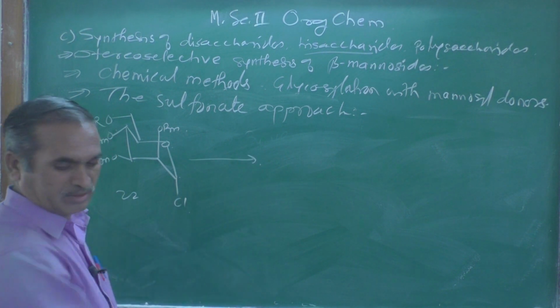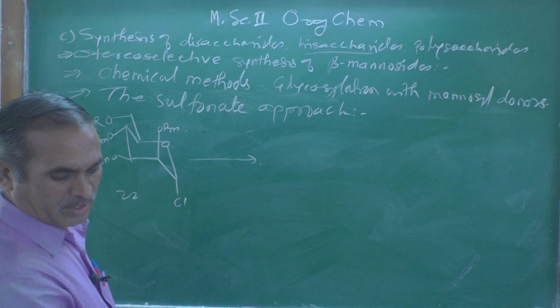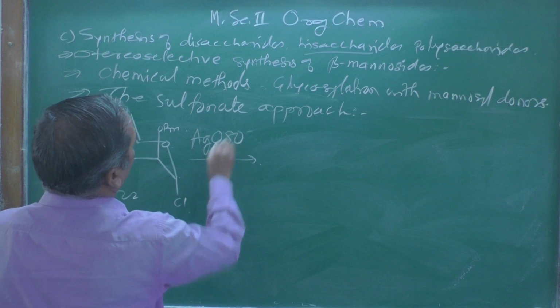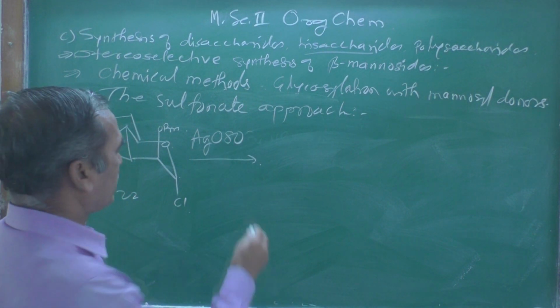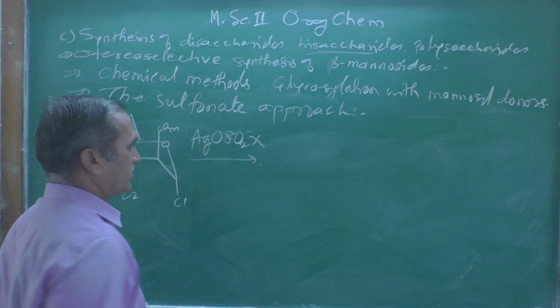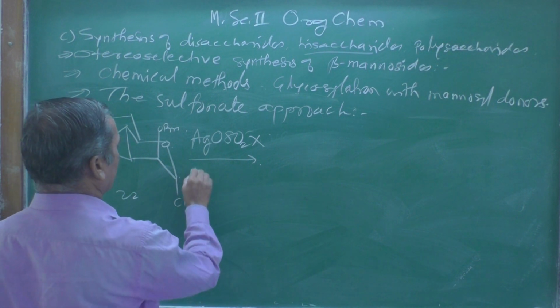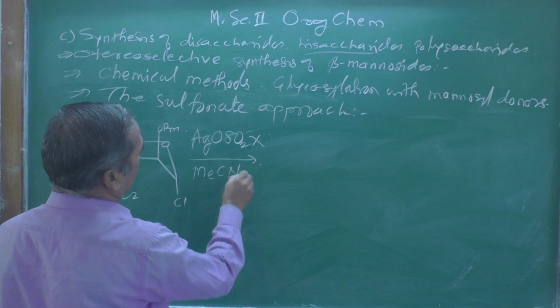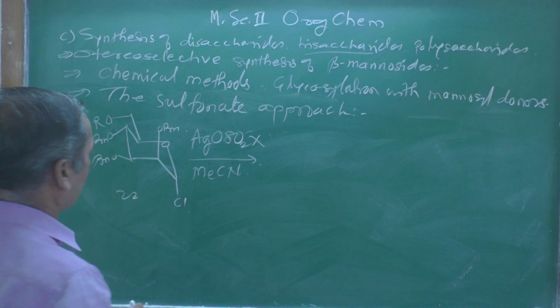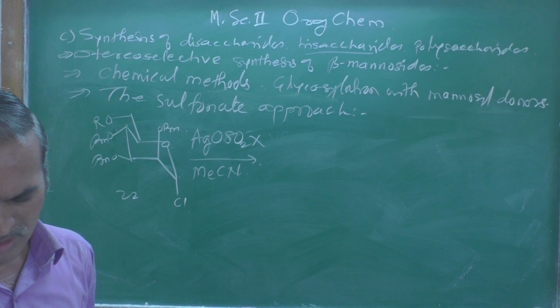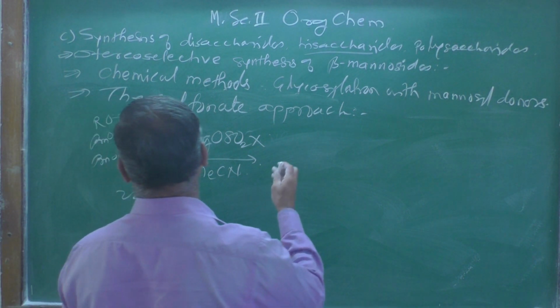This structure number 22 will be treated with a reagent like AgOSO2X, one of the sulfonate reagents, in presence of MeCN, that is methyl cyanide. The resulting compound obtained will be this one again.